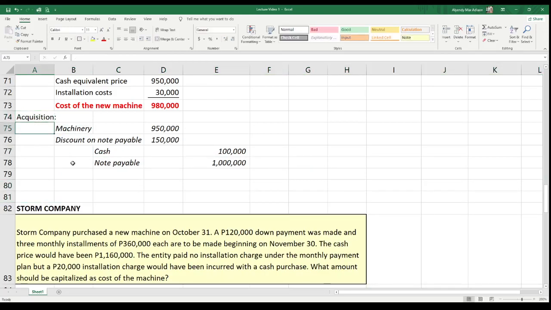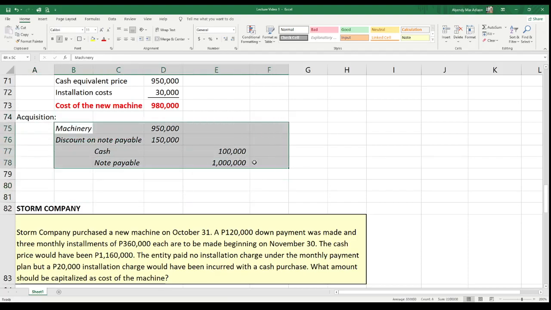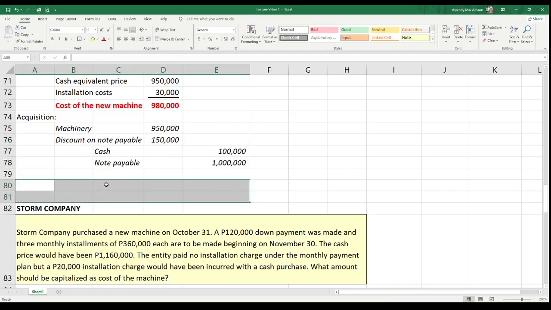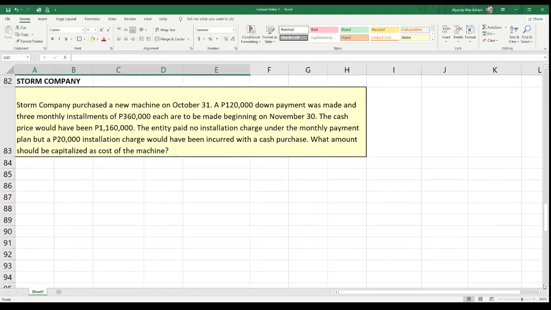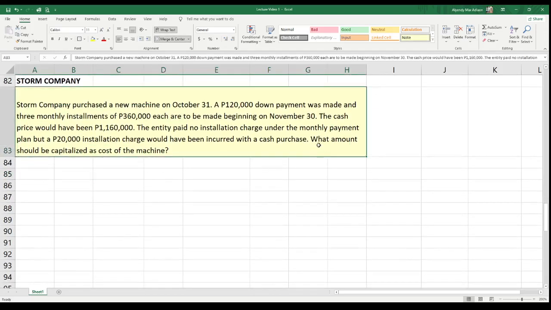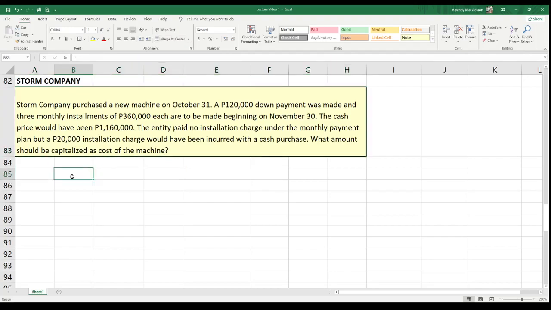And for the journal entry on the date of payment and the amortization, it is up to you. I deleted the previous acquisition entry so that you will not be confused. Okay, but I hope you listen to my discussion. Now let's proceed to Storm Company. So the question is, what amount should be capitalized as cost of the machine? So again, another problem with regards to the cash price equivalent. So I know, hopefully by this time, you know what to do.